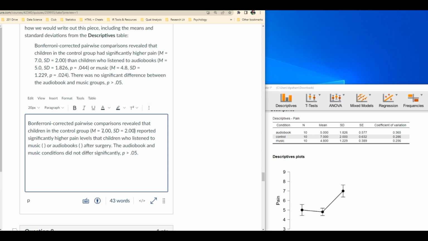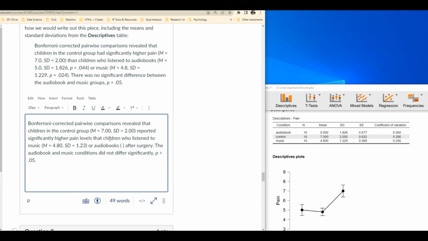I'm going to round to 2 decimal places here. Next up is music with a mean of 4.80 and a standard deviation of 1.23 rounding.